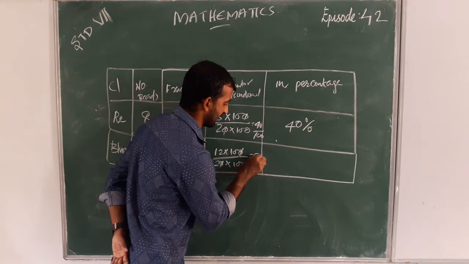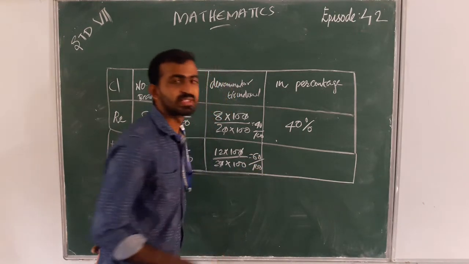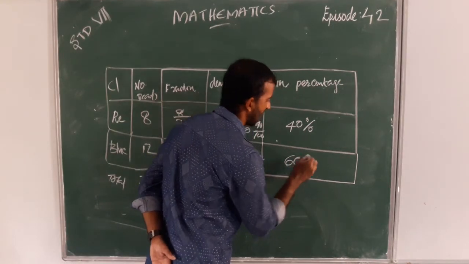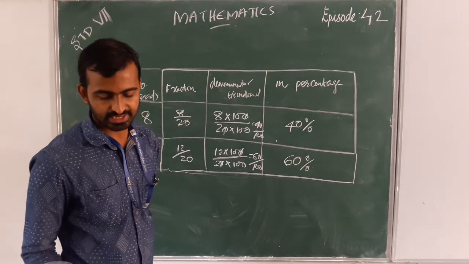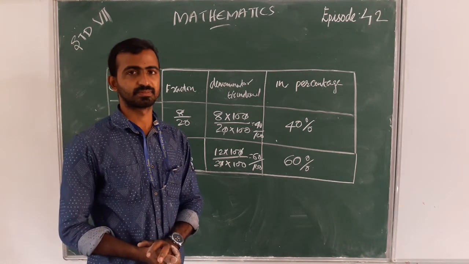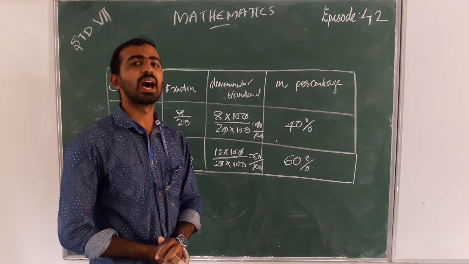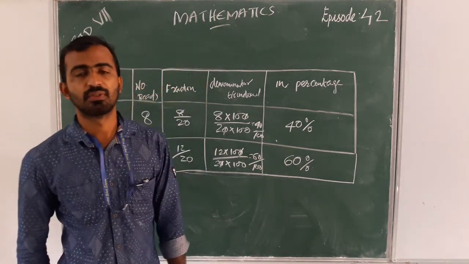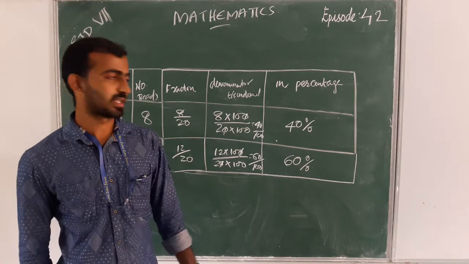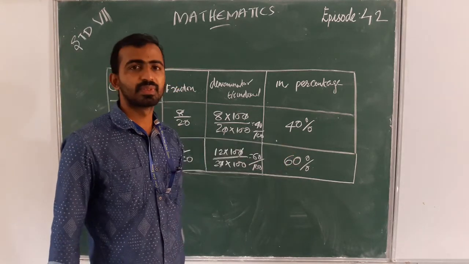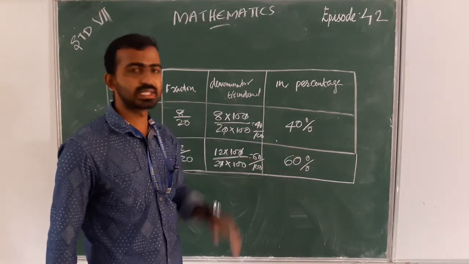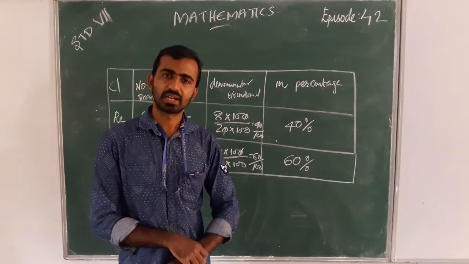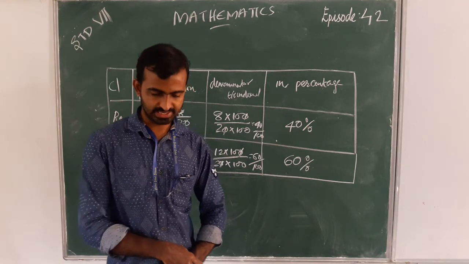We get 60 by 100 when we simplify, and that is the answer. That is 40% and 60%. When we take the sum, we get 100.